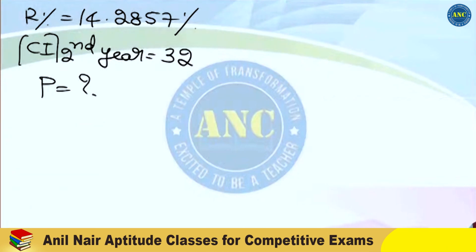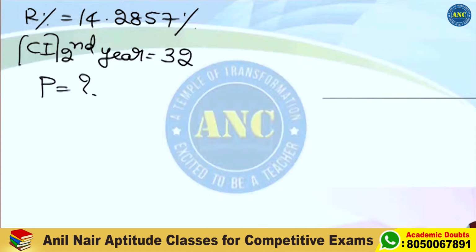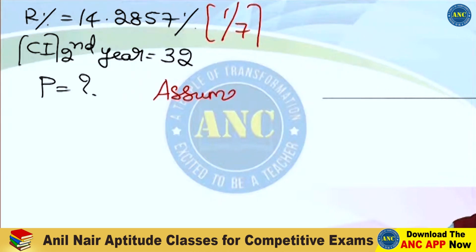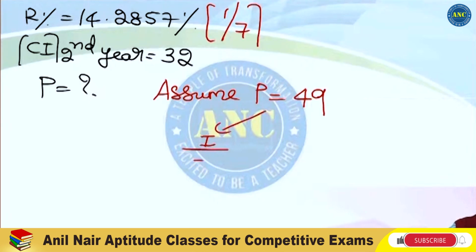First I am taking 1 by denominator, then I will do numerators other than 1. This is 1 by 7. So assume principal equivalent to denominator power k. 7 square is 49. First year SI, 1 by 7th of 49, is 7. Second year SI, 1 by 7th of 49, is 7.